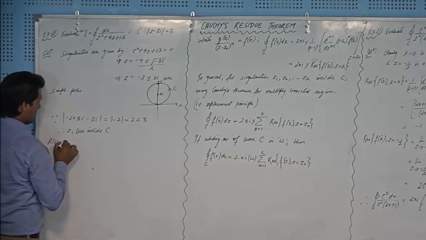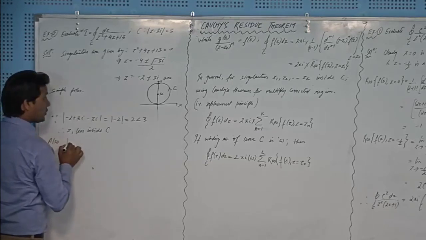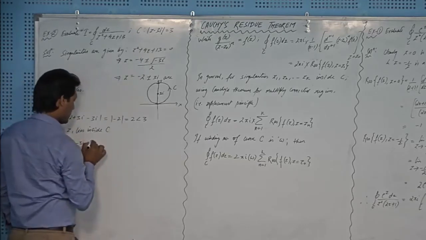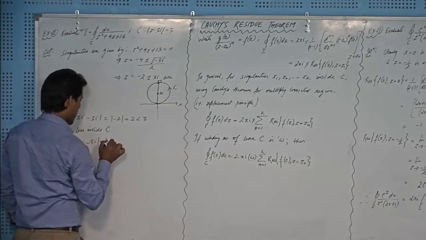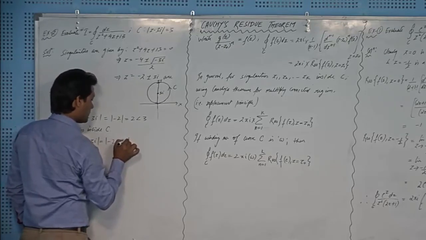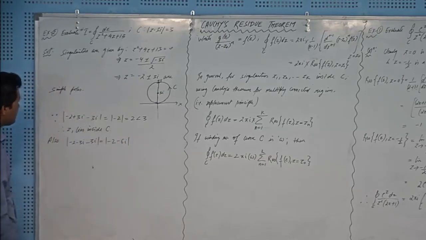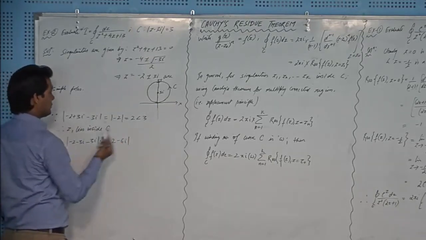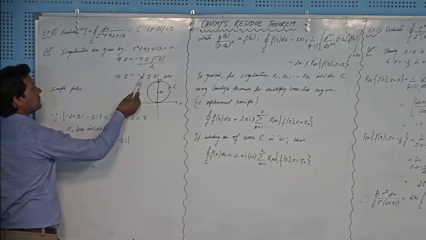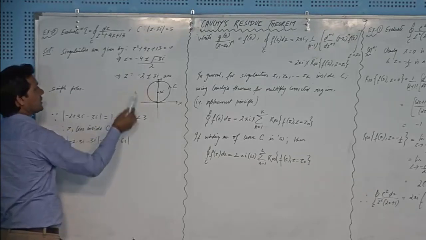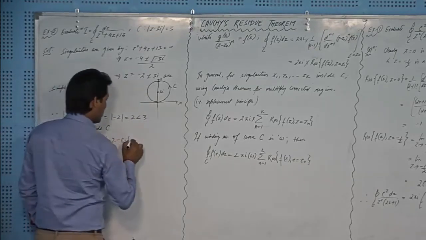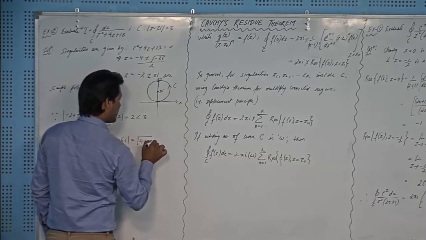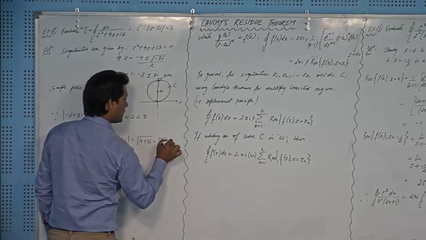Now for the second one also, mod of the second pole minus 3 iota from the circle center: minus 2 minus 3 iota minus 3 iota, you will get minus 2 minus 6 iota, I think, right? Obviously that will lie outside because it will lie in the third quadrant. Both the x and y ordinates are negative, so it will lie here, right? Ultimately it will become the square root of 4 plus 36, which is square root of 40, and that is obviously greater than 3.